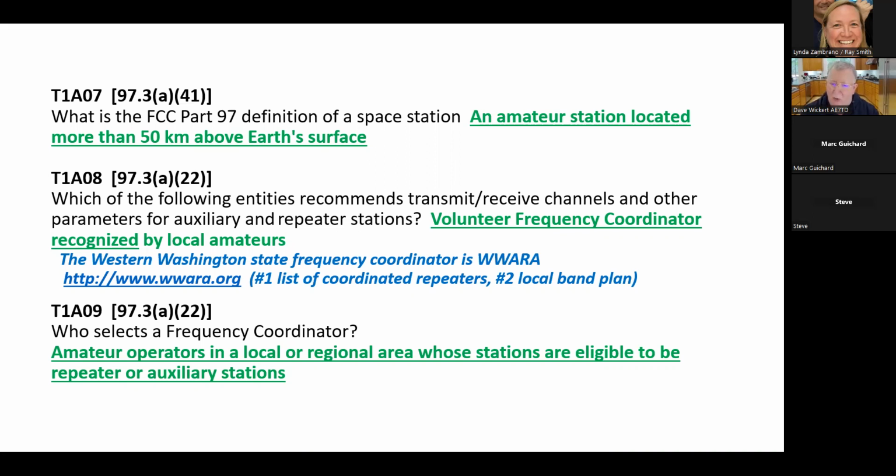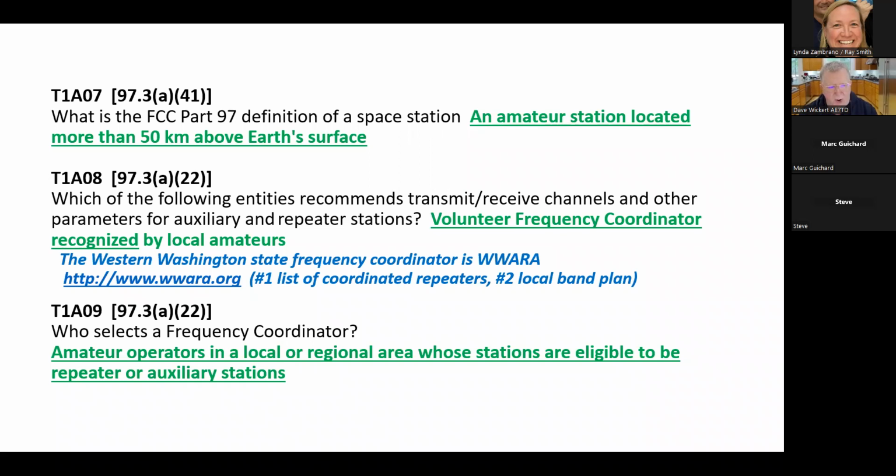But each local area could have their own more detailed breakout for what frequencies should be used and where. So a frequency coordinator will also generate a local band plan. Those are the two things that you get from a local frequency coordinator.